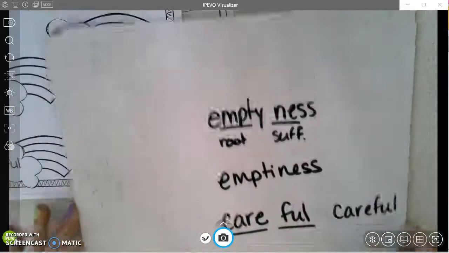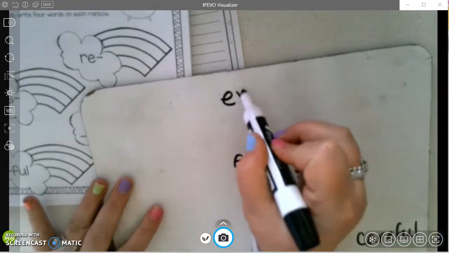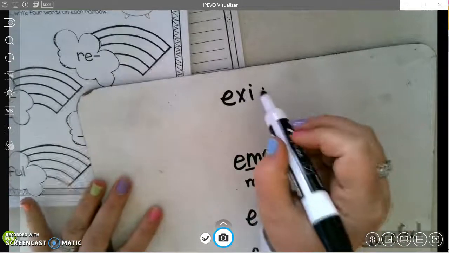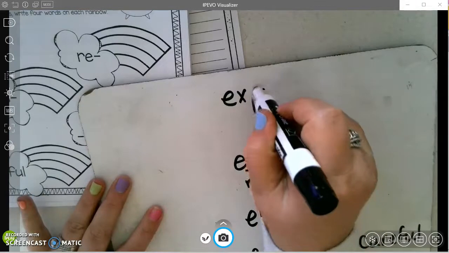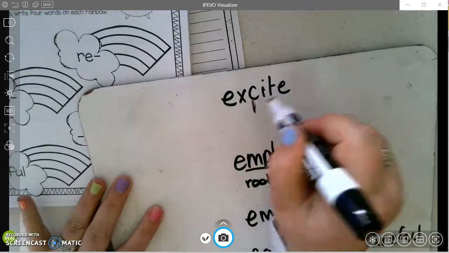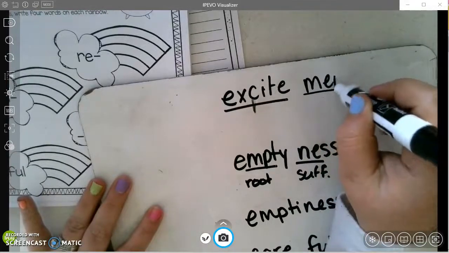Another suffix is meant. So maybe my root word is excite. I can spell sometimes. Excite is my root word, and then my suffix would be meant.